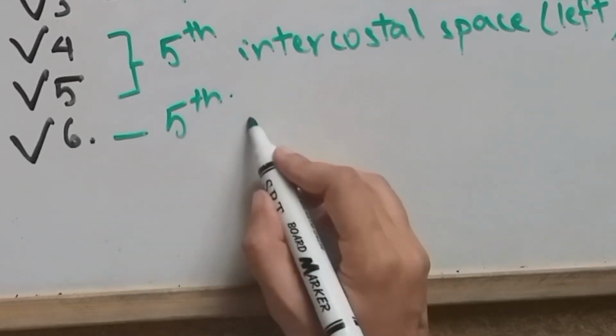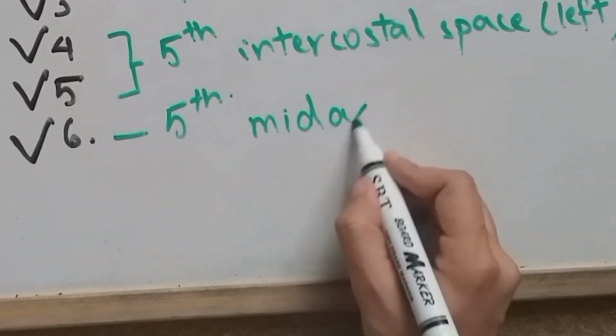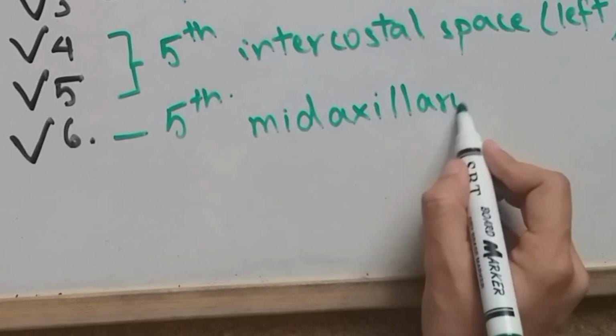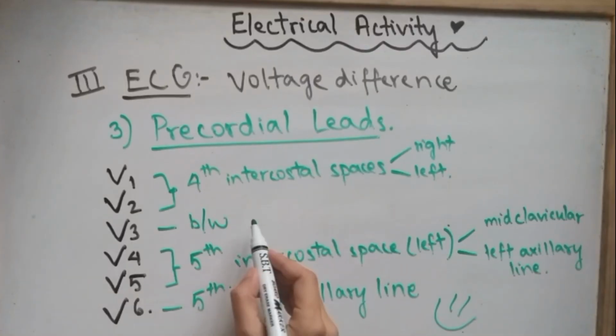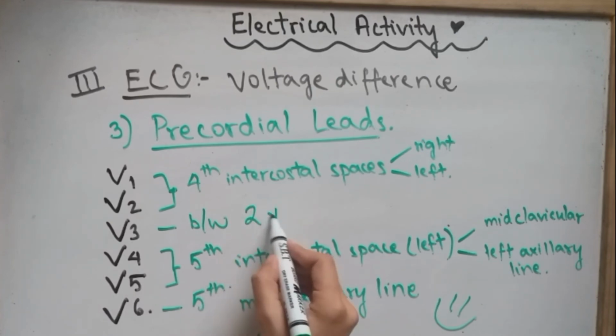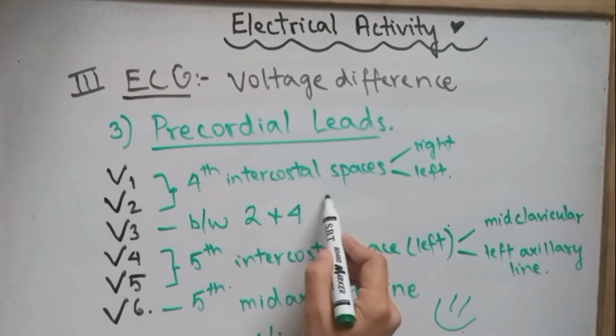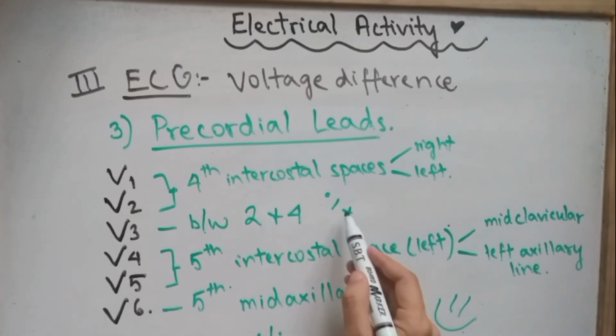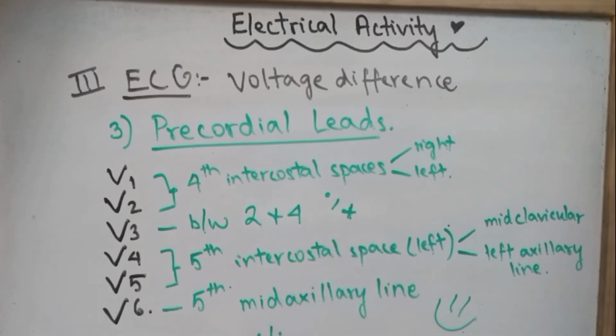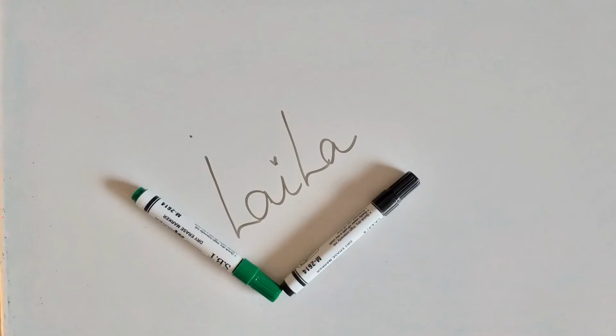V6 is also in the 5th intercostal space, but it is in the mid axillary line. V3 is in a straight line between V2 and V4. That would be it. Thank you for watching.